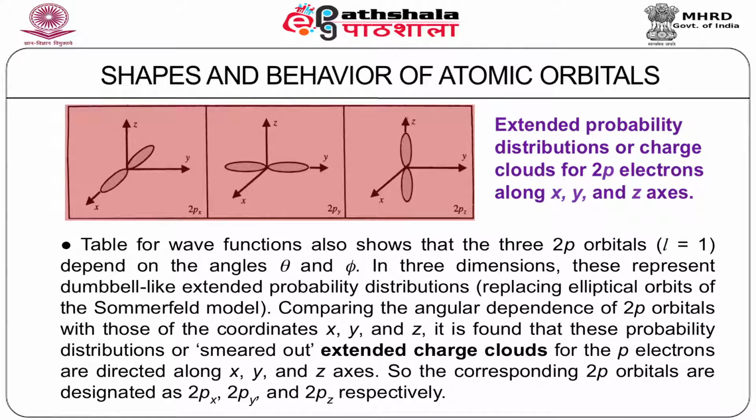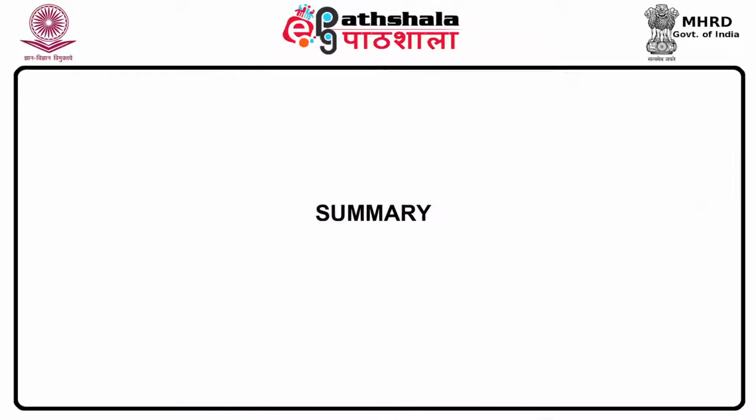They are sort of directed towards x, y, and z axis, and a closer look into the angular dependence also tells you that these are dumbbell-shaped distributions. s electrons had spherical charge distributions which had no direction, but for p electrons you have three possibilities: 2px, 2py, 2pz. In each case, the charge distribution looks like a dumbbell, and these are directed along x, y, and z directions respectively.